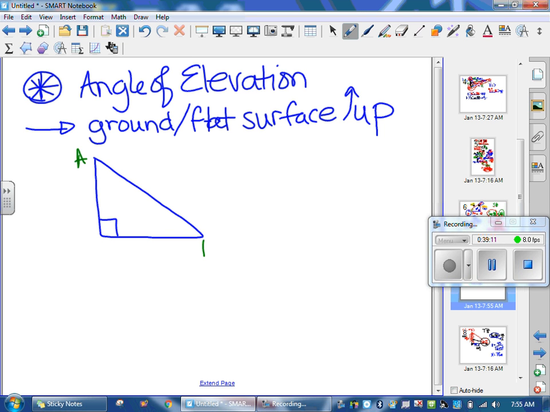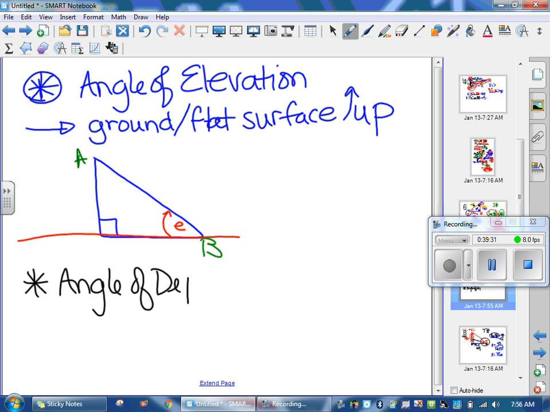Now, the next one is called angle of depression. And again, the same as angle of elevation, it must be from a flat surface, meaning any horizontal surface. Same as up here, a flat surface meaning horizontal.